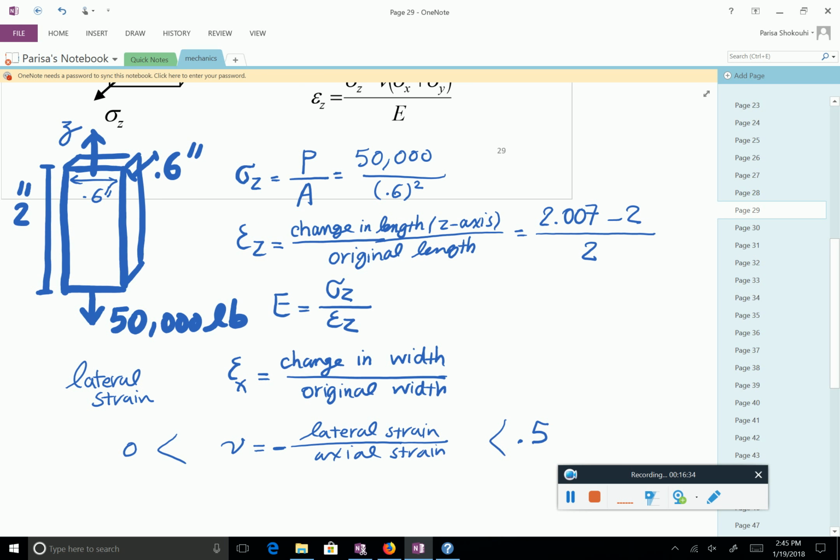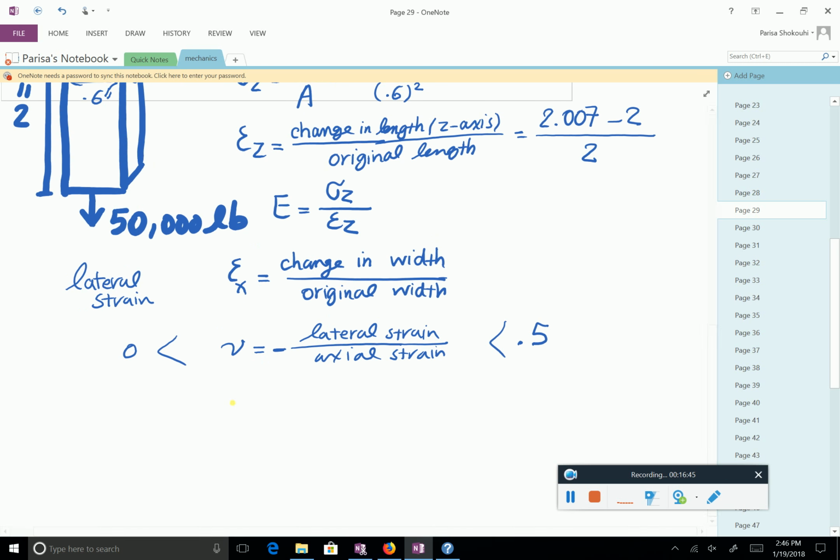If you have Poisson's ratio, then the last thing that I've asked here is to calculate shear modulus. How do we get that?